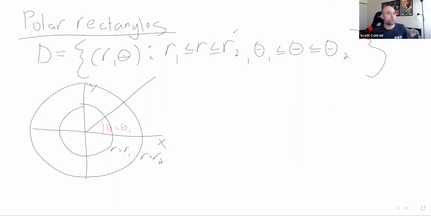If we look at the set of all points r, theta, where theta is equal to pi over 4, if you look at the line from the origin to those points, it's going to make angle pi over 4 with the positive x-axis, right? So those are going to lie on half of a straight line through the origin. And all those points make angle theta 1 with the positive x-axis.